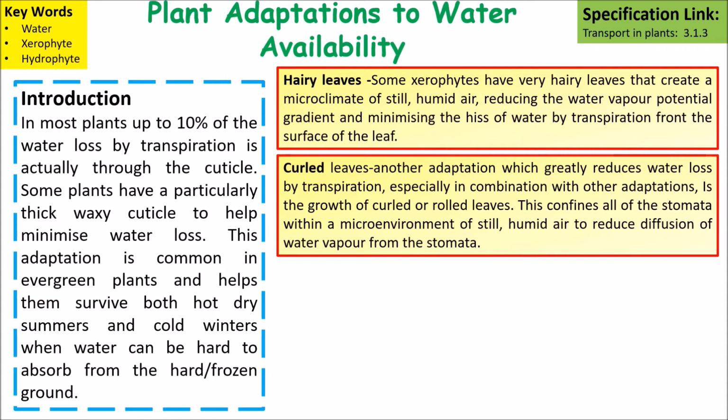Curled leaves is another adaptation which greatly reduces the water loss by transpiration, especially in combination with other adaptations. It is the growth of curled or rolled leaves. This confines all the stomata within a microenvironment of still, humid air and reduces diffusion of water vapor from the stomata.